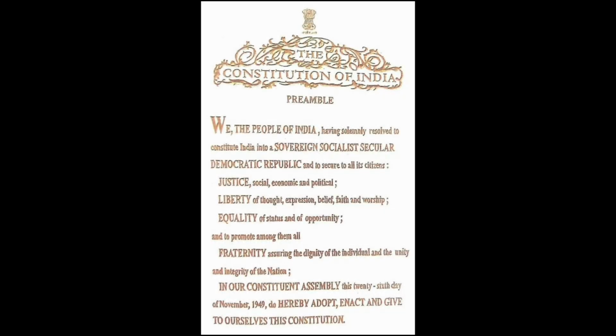The Constitution of India. Preamble. We, the people of India, having solemnly resolved to constitute India into a sovereign, socialist, secular, democratic republic and to secure to all its citizens justice, social, economic and political, liberty of thought, expression, belief, faith and worship, equality of status and of opportunity, and to promote among them all fraternity, assuring the dignity of the individual and the unity and integrity of the nation.